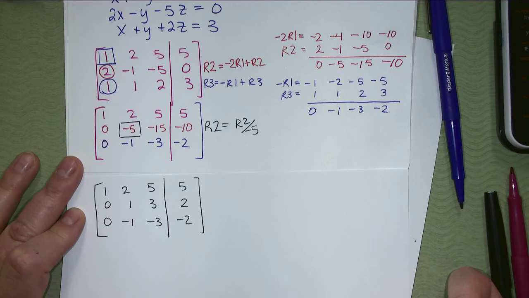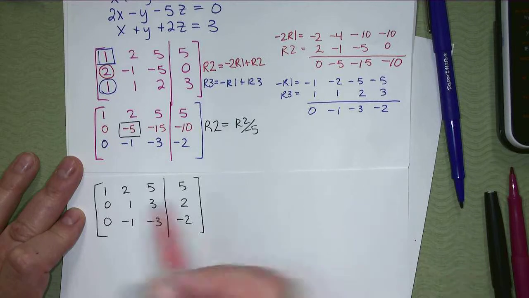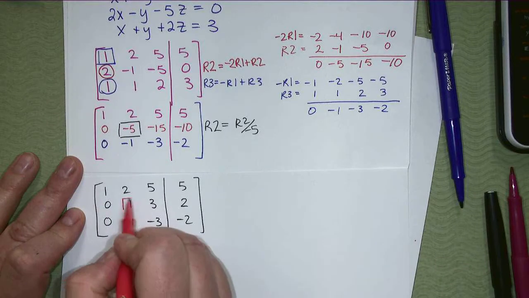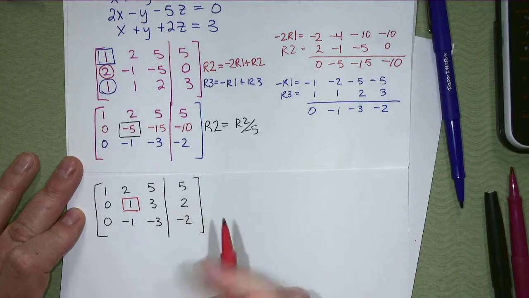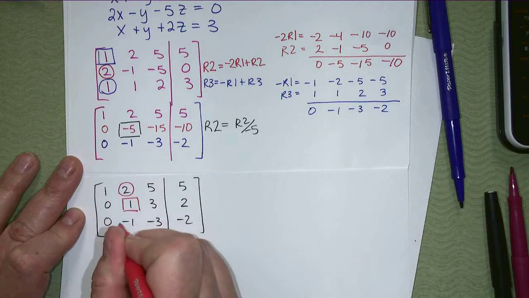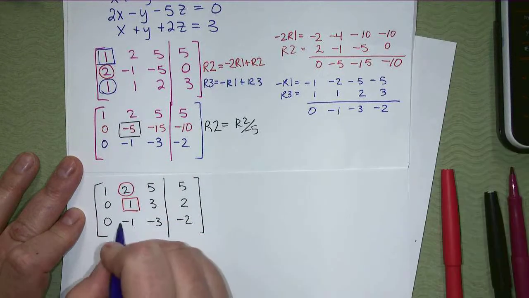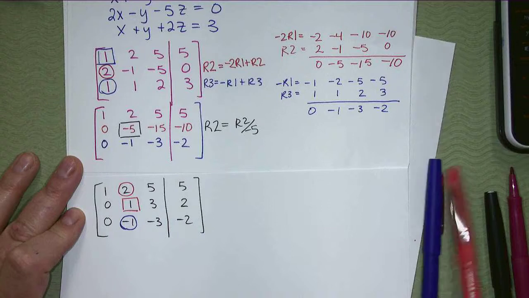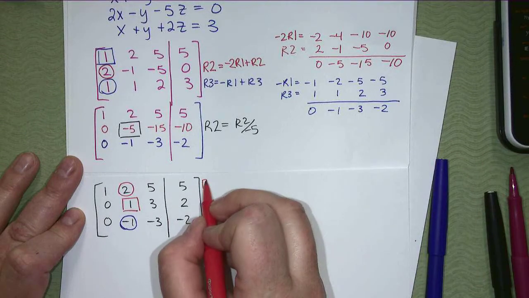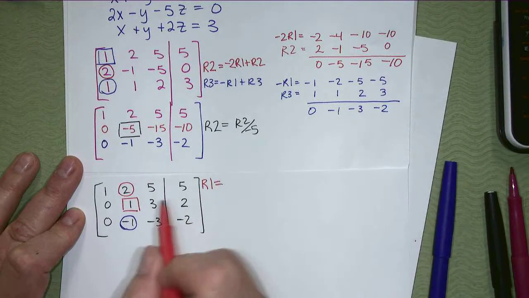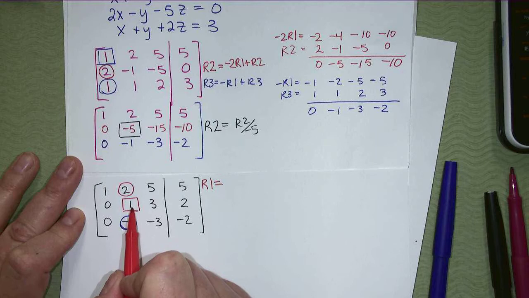Okay, so that we make a 1 right here. It's already a 1. We just did that. We make a 0 above and below. So above, this is row 1. So that's a 2. So the 1 that's in the square, the lead 1, has to be a -2. So -2, row 2.